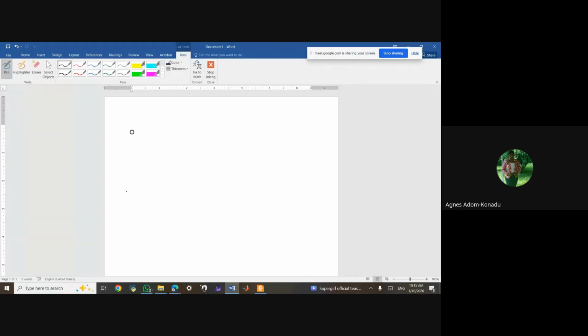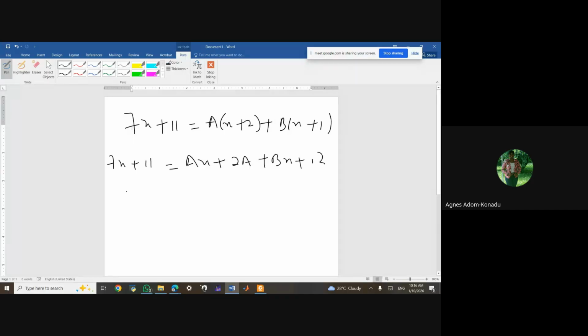Okay, so the second alternative: I have 7x plus 11 is equal to A into x plus 2 plus B into x plus 1. To use the second alternative, this is 7x plus 11 is equal to Ax plus 2A plus Bx plus B. This is the same as 7x plus 11 is equal to, so I have Ax, Bx, so I have A plus B, then I'll bring the x out, then I have 2A plus B, like this.